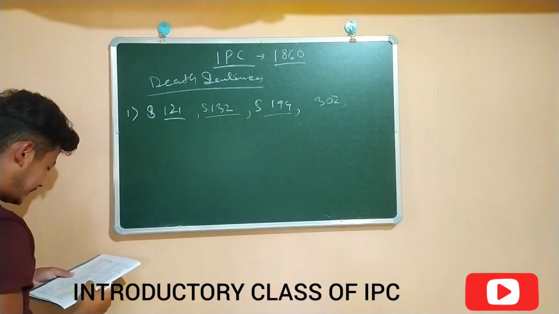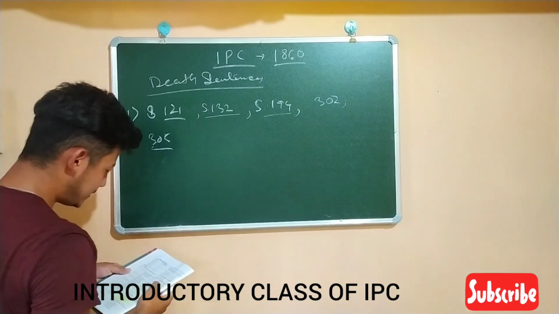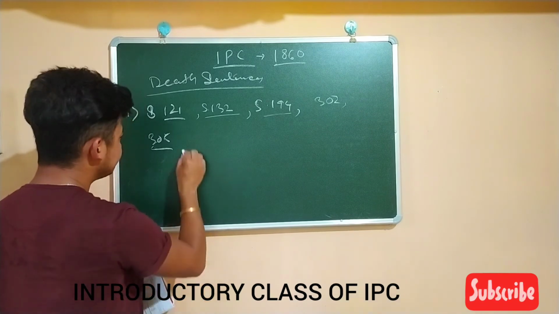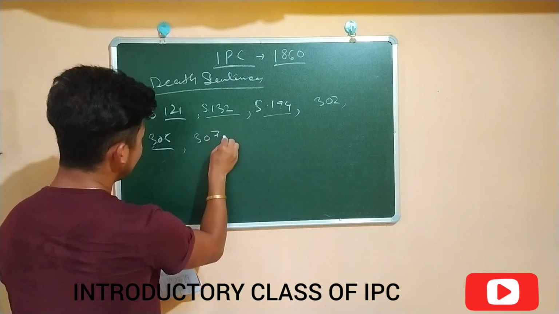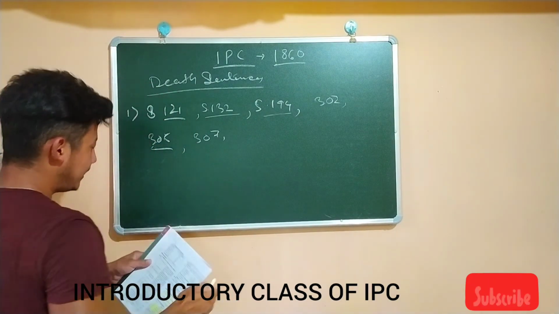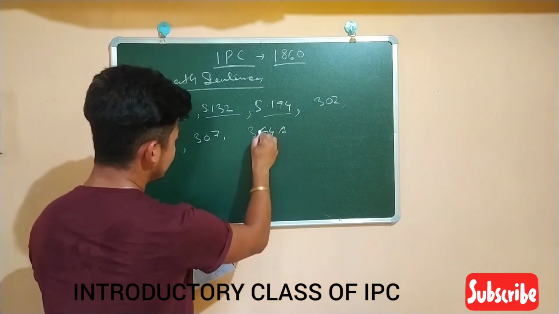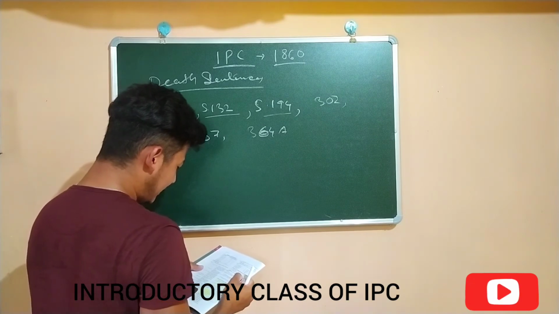And 305, which deals with the punishment for abetment of suicide. Then comes 307, attempt to murder by life convict. And 364A, kidnapping for ransom.